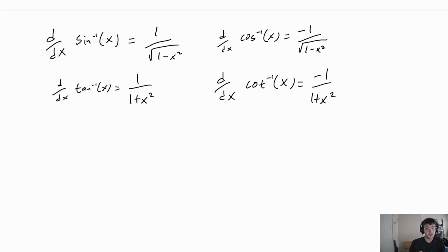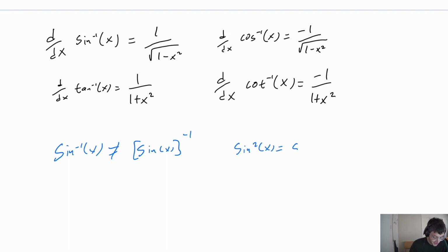So, as we recall from chapter 3, the derivative of the inverse sine function, remember this sine to the minus 1 does not mean sine of x raised to the minus 1. Let me make that note right here. Sine to the minus 1 of x is not sine of x raised to the minus 1, even though, confusingly enough, sine squared of x is sine of x, squared.